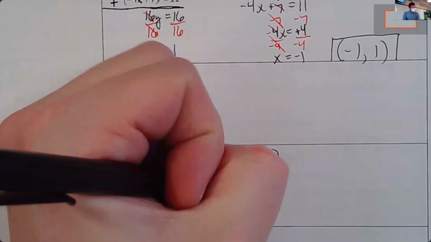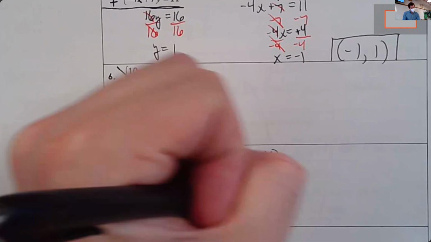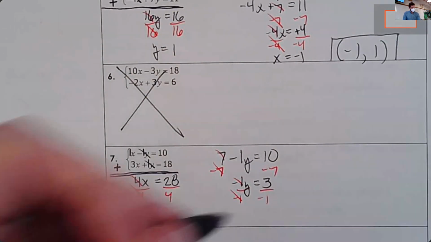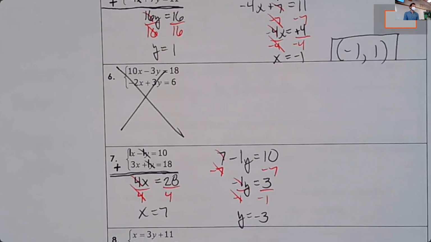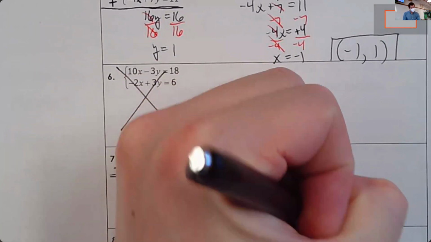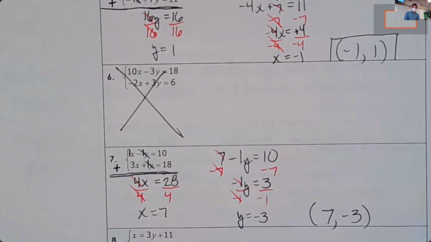And then to get y by itself, divide both sides by -1. And 3 divided by -1 means that y equals -3. We have x equals 7, we have y equals -3. So 7, comma, -3. That's our answer.